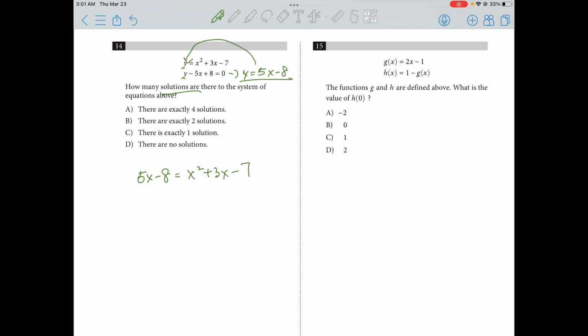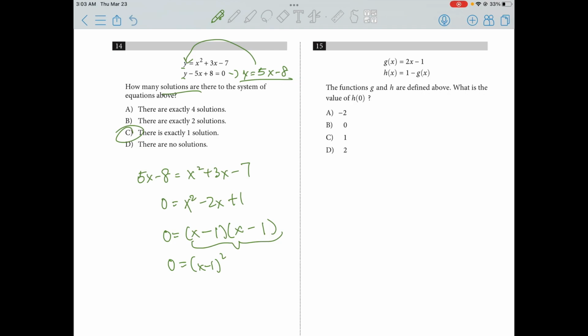And because we're solving for solutions, we have to set it to 0. So minus 5x plus 8. What does that give us? Basically simplifies to this right here. That means we have exactly one solution. Even though it's 2 right here, they're the same, so it'd be 1.